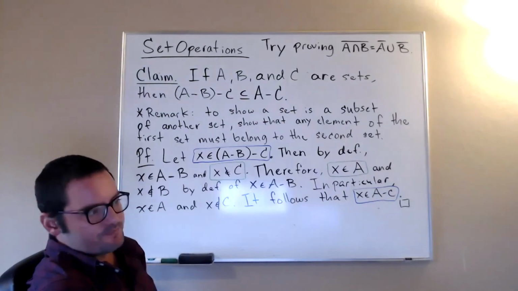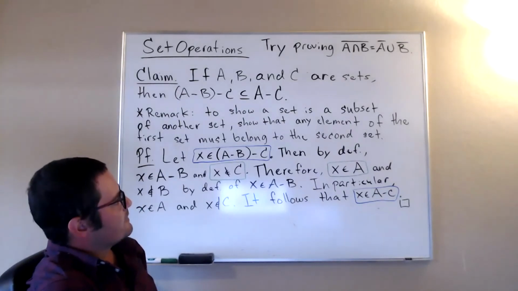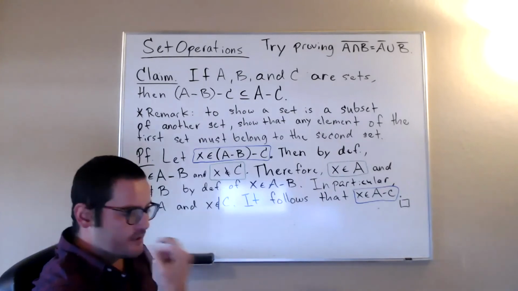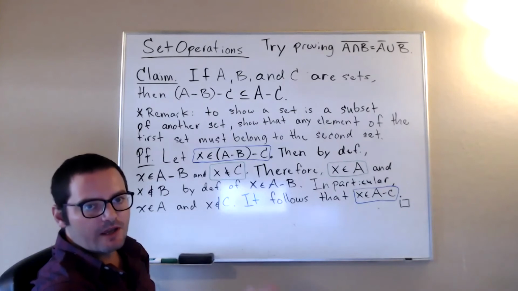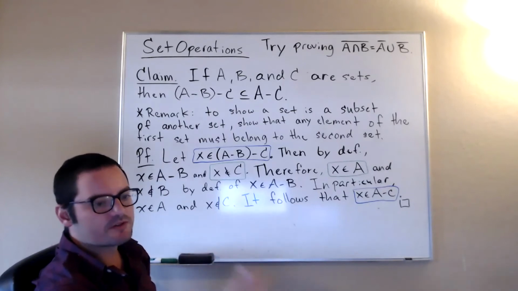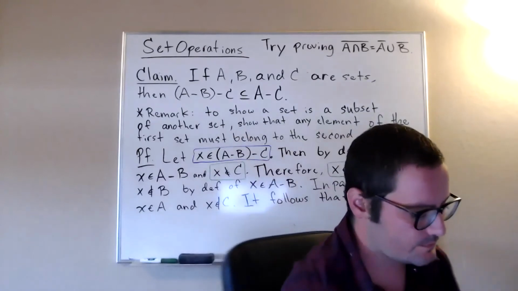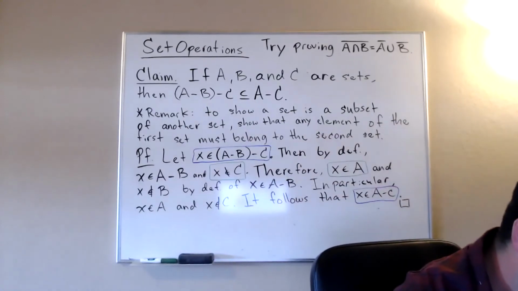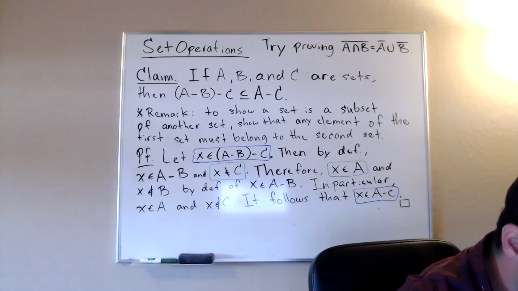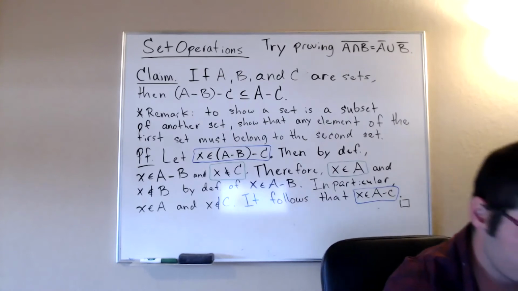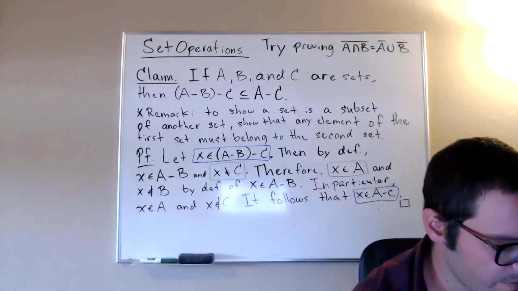So this is a subset proof, sometimes people call it an element argument, where you pick an element in one set and show that it must also belong to the other set. Okay? So these are typically not too bad.